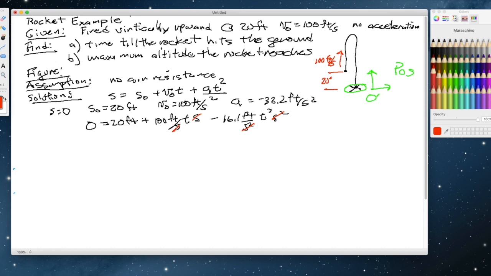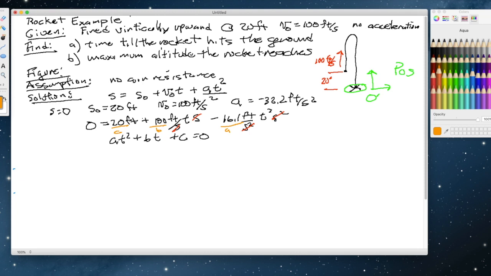This equation looks very much like a t squared plus bt plus c equals 0, where that's A, this is B, and this is C. Okay.